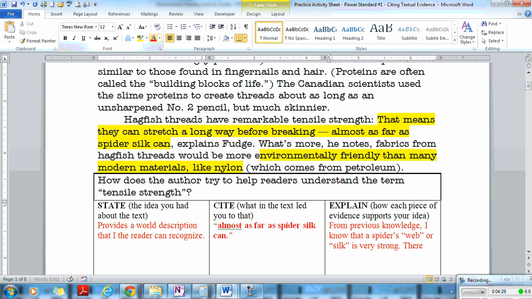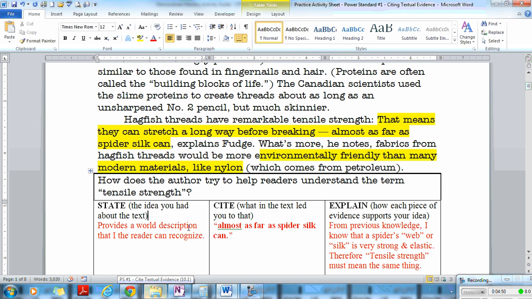Therefore, very strong and elastic. Therefore, tensile strength must mean the same thing.